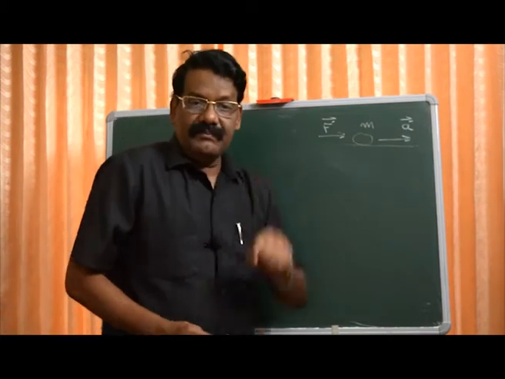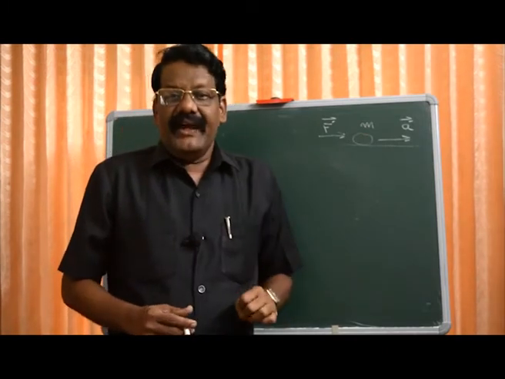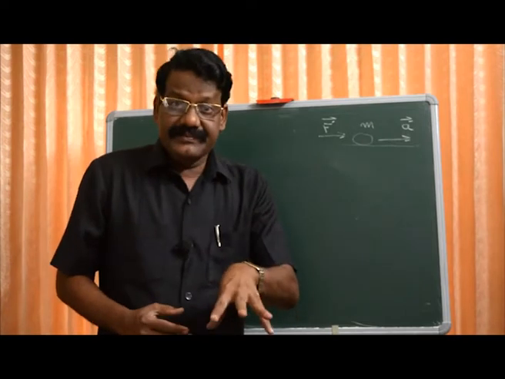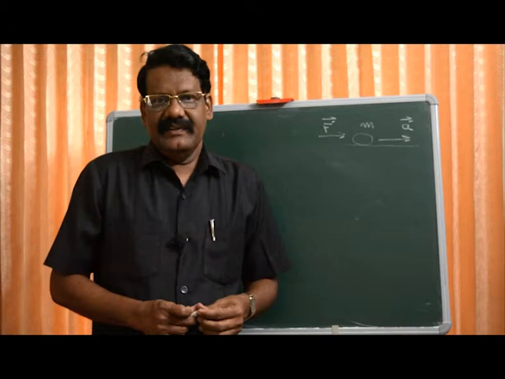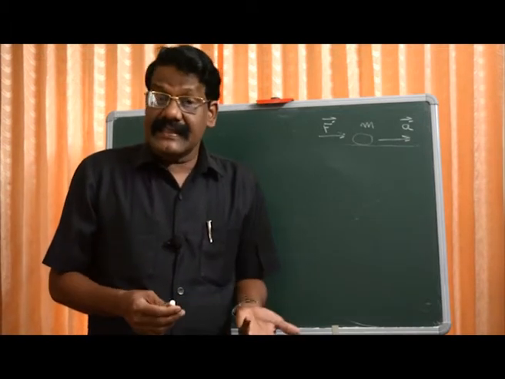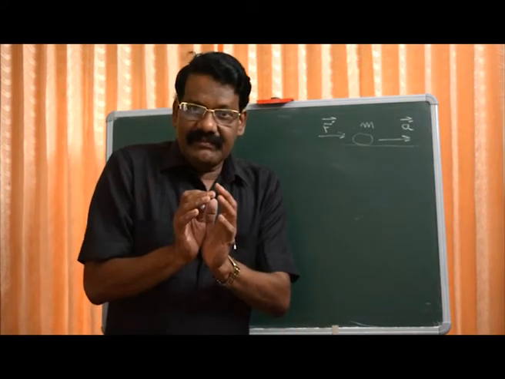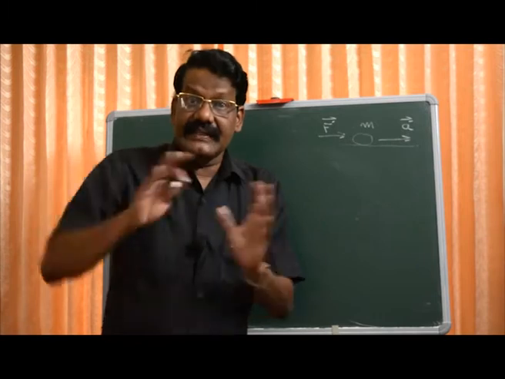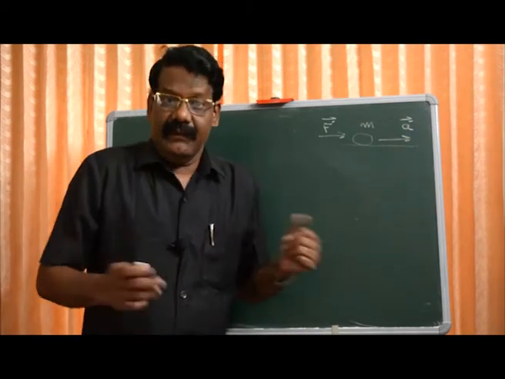Suppose I keep a ball of mass M in an anisotropic liquid, partially immersed. I apply a force, and the acceleration will not be in the same direction because the medium surrounding the ball is anisotropic. So the acceleration will be different.